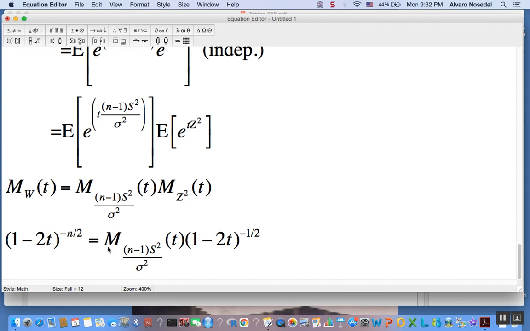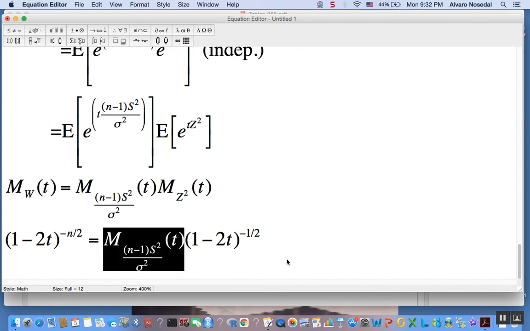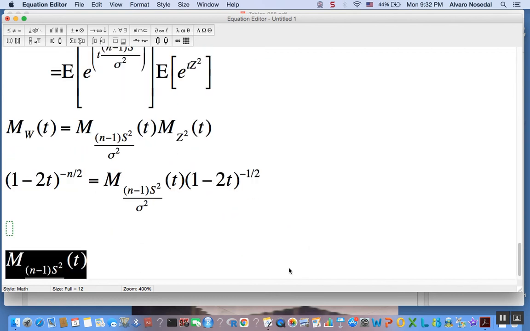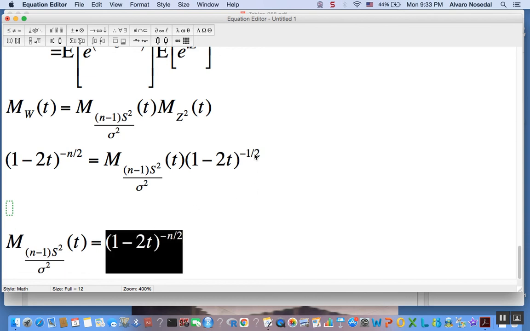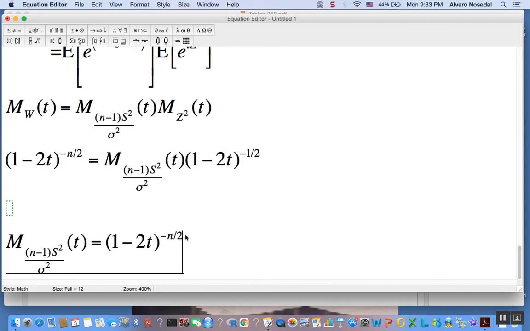Okay, let's solve for the MGF of the quantity, the transformation of interest. So we want to solve for this guy. This will be divided by that, which means that instead of a minus we're going to have a plus.